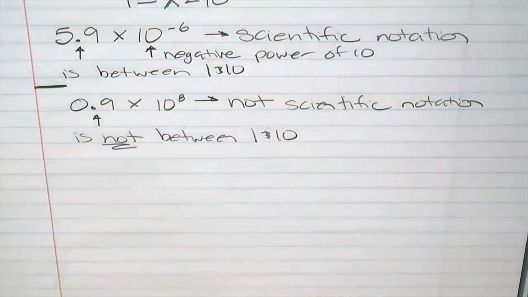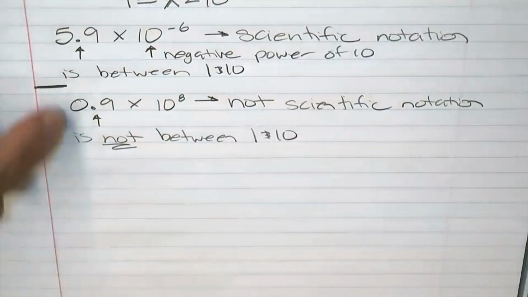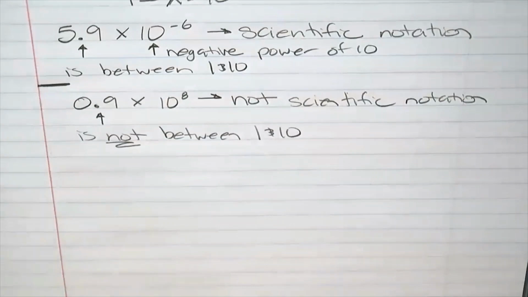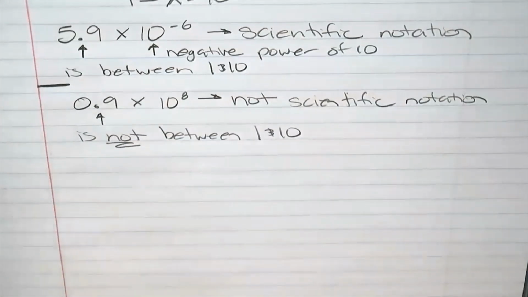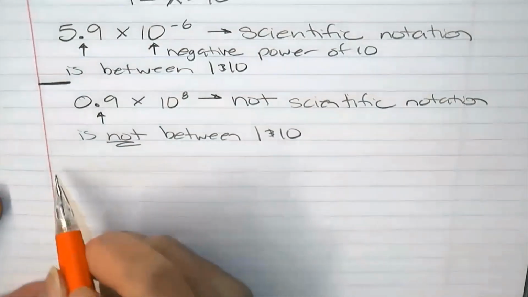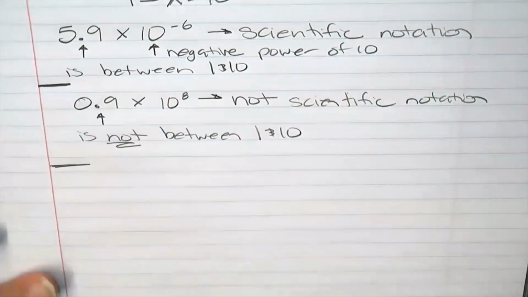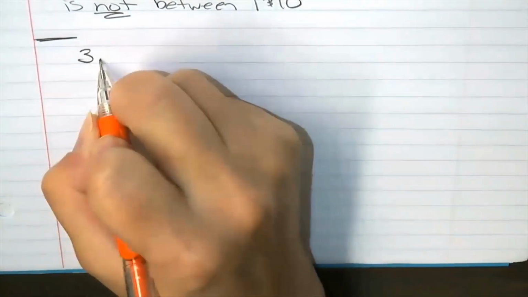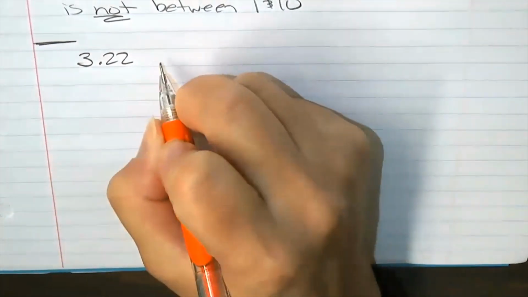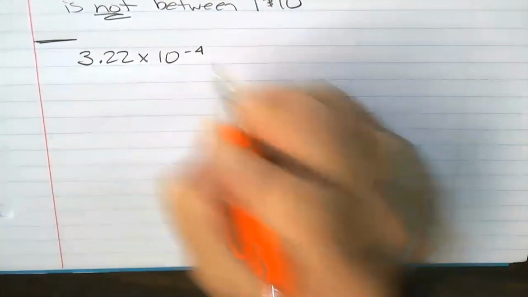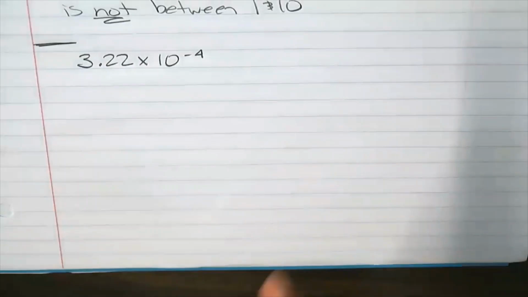So let's talk about turning scientific notation into standard form, reading scientific notation and turning it into standard form. So we have 3 and 22/100 times 10 to the negative 4. The first thing we have to figure out, is this scientific notation?